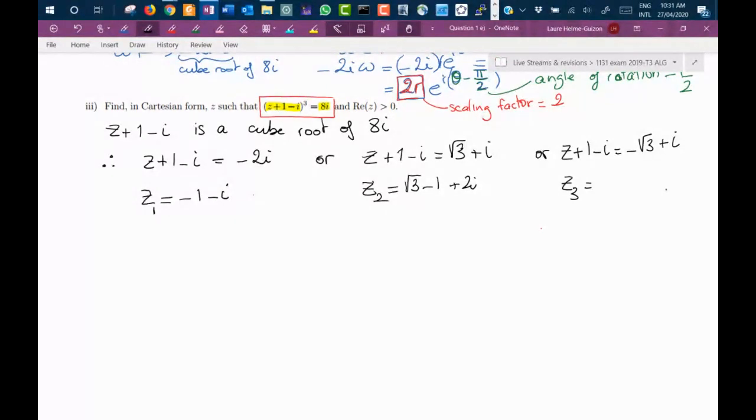Maybe I did something. So you get, there was a minus in front of the square root of 3, right? So you still have this as square root of 3. Yes, I'm getting minus square root of 3. Yes, indeed. Minus square root of 3 plus, so minus 1, not right anymore, plus 2i.